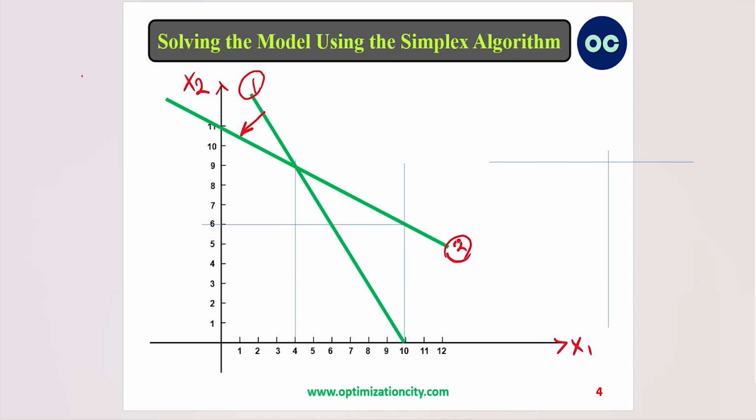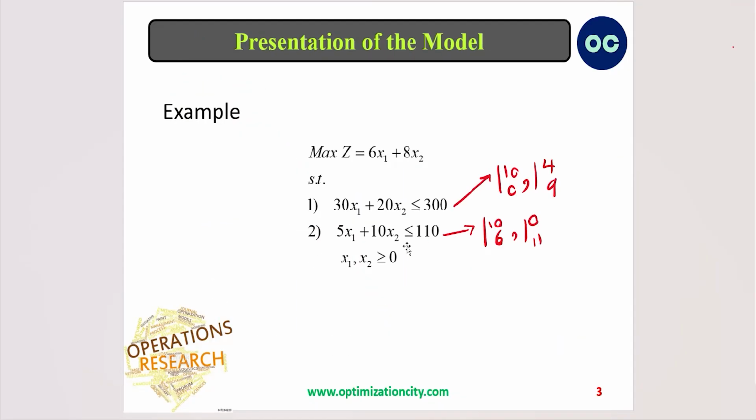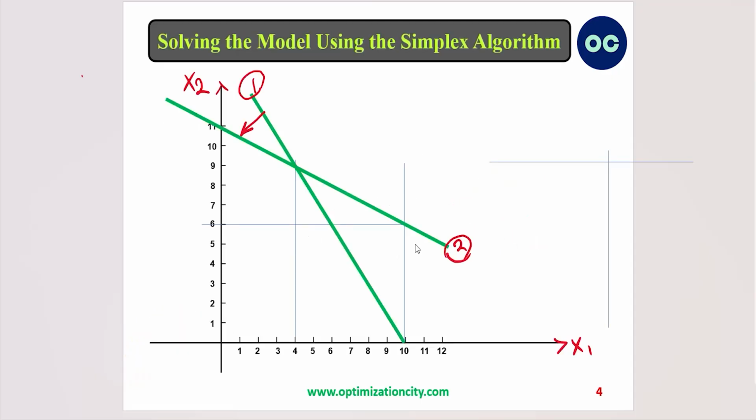Since the origin, (0, 0), satisfies this constraint, as 0 is less than 110, the feasible region lies below this constraint.